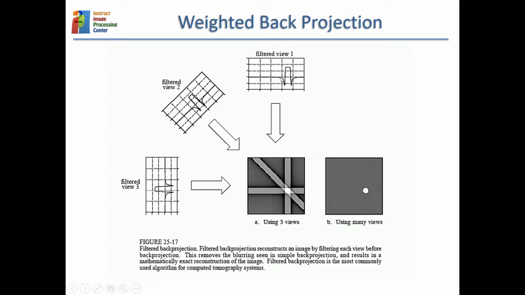There are many objects that are also compatible with these 3 projections. Actually, if we have, for instance, this object, and we generate many projections, we would be able to recover the object that originated them.